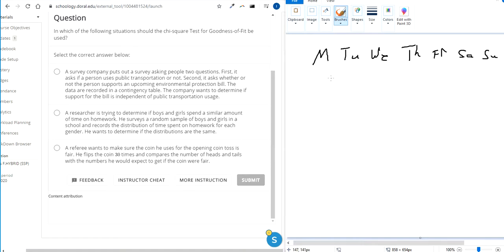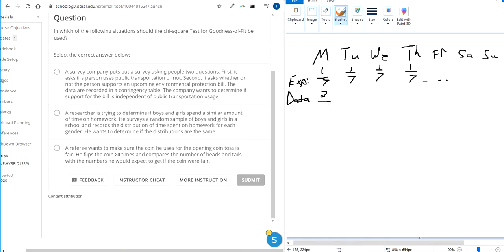One person says the number of customers we get every day is the same. We expect 1/7 of our customers to come on Monday, 1/7 to come on Tuesday, 1/7 to come on Wednesday, etc. But we can compare that to our actual data and use a chi-square goodness of fit test to see whether they really did all come from one day.